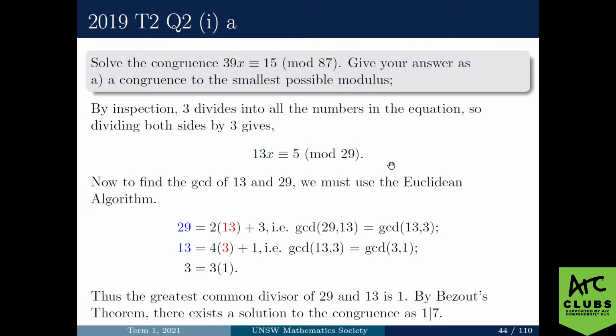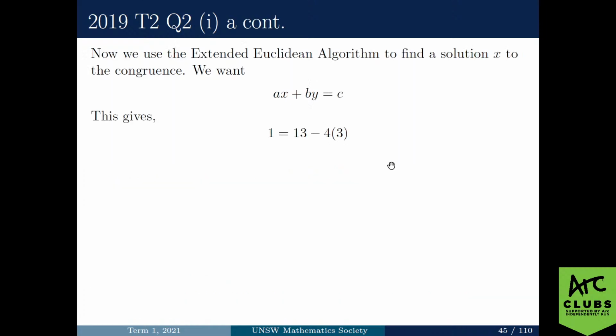Okay, so if we go back to here, we can see that 1 is equal to 13 minus 4 times 3. And the idea behind this is we want a and b to stay the same. So a and b would be 13 and 29, and we could rewrite 3 as a combination of 13 and 29.